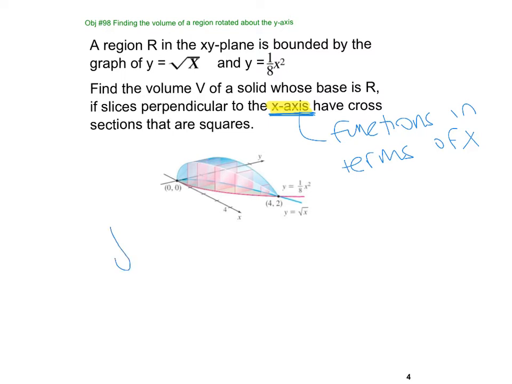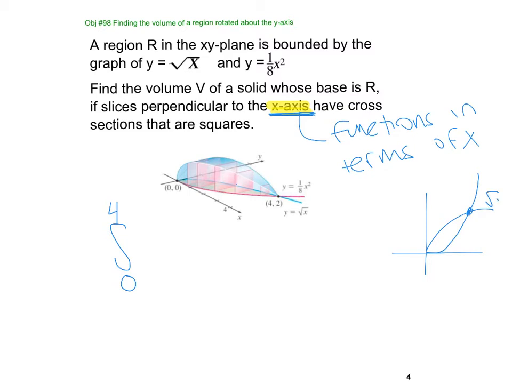All right, so I'm doing the area of a square, so no pi. My x's are going from 0 to 4. What's my top function? So this one's kind of hard because it's on the side. I'm going to draw a different picture for myself. Square root, 1/8 to the, okay.